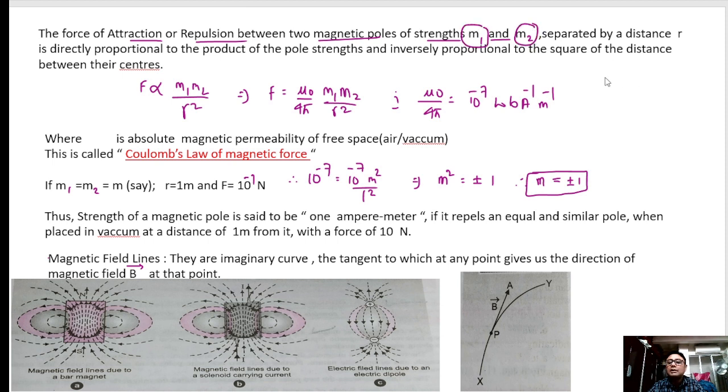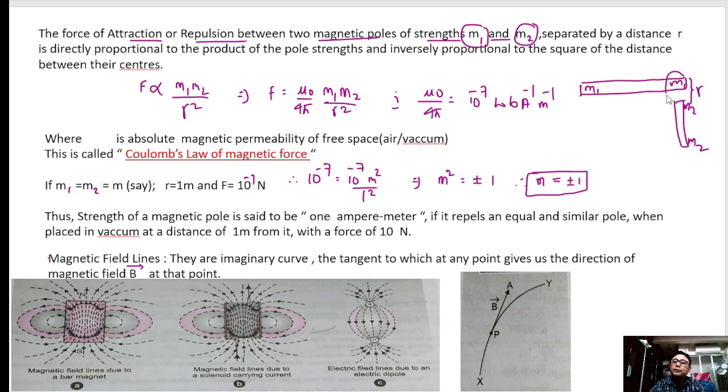So here is a magnet of pole strength M1, and here is a magnet of pole strength M2, and they are separated by a distance r.